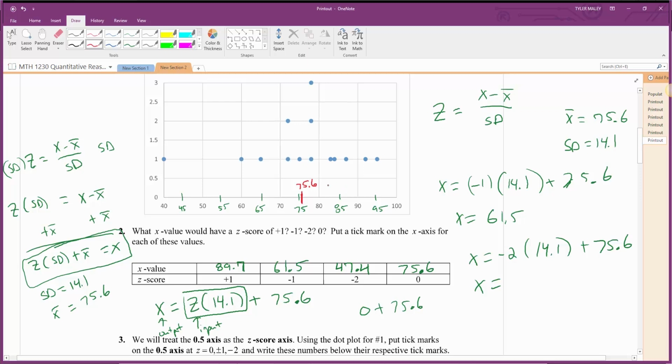So I got that one. Next one, 47.4, so I guess I'm going backwards. This would be 47.4, roughly. Then we have 61.5, somewhere around here. And then 89.7 would be somewhere about here.